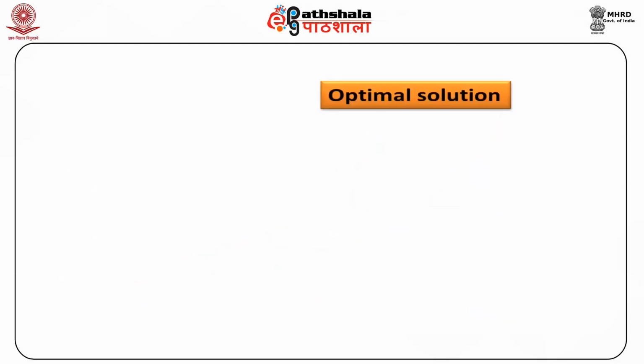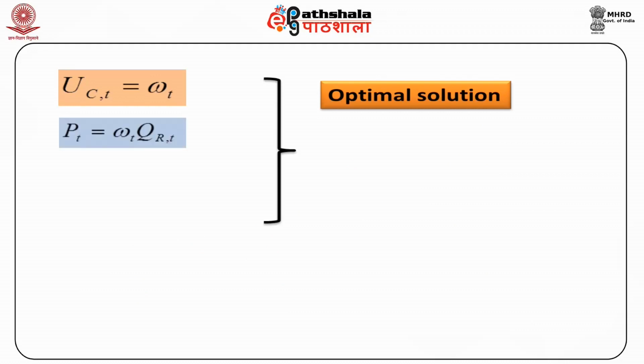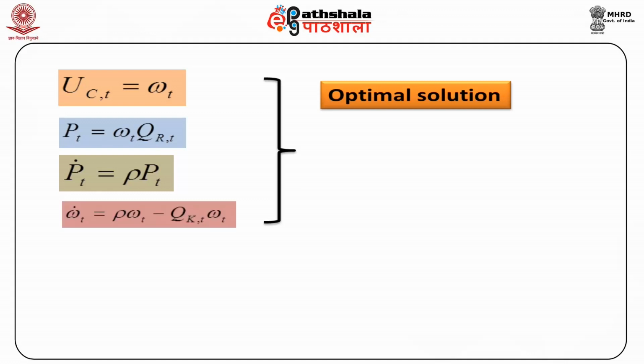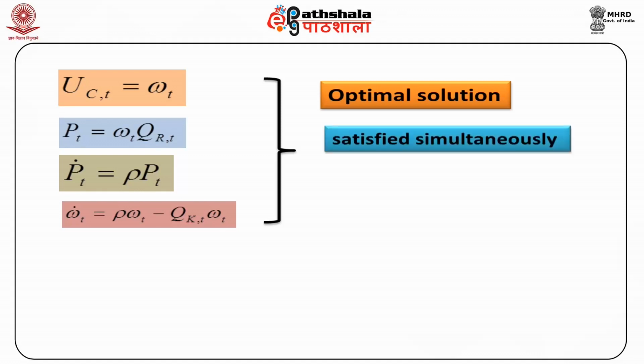The optimal solution to the optimization problem given by the equations u_c,t is equal to omega t, pt is equal to omega t q_r,t, p dot above t is equal to rho into pt, omega dot above t is equal to rho omega t minus q_k,t omega t requires that all the four conditions be satisfied simultaneously along with the initial values for stocks of capital and natural resource.